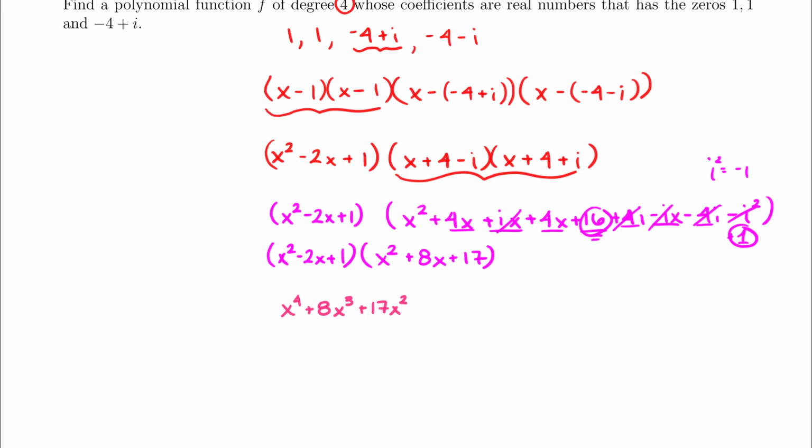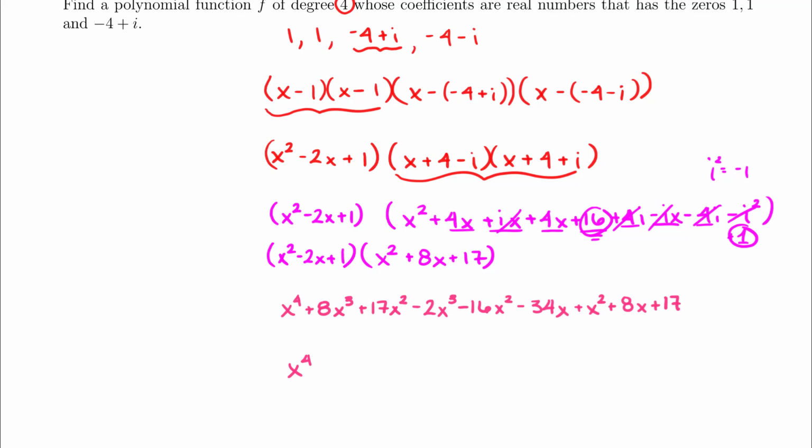Then I multiply through by the negative 2x. And then I multiply through by positive 1. And now I combine like terms and clean the equation up a little bit.